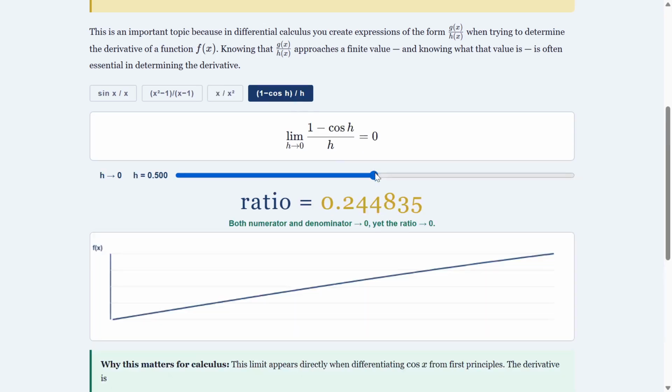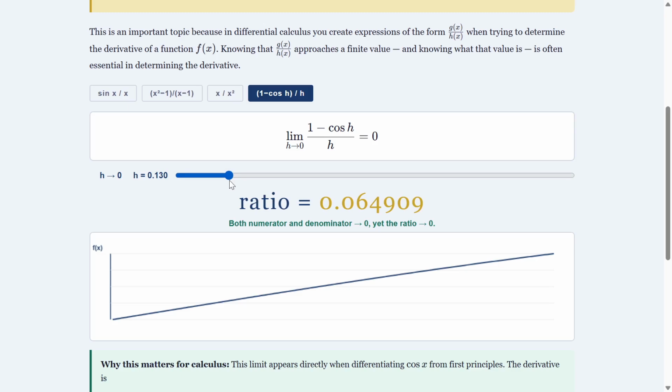And finally, 1 minus cos h over h, as h tends to 0. At h equals 0, that is 0 over 0. But if we put in values of h that are getting closer to 0, the ratio is getting closer to 0.